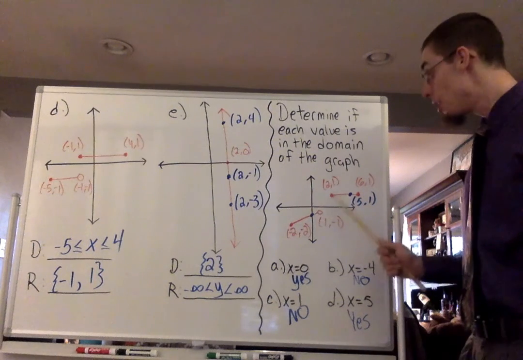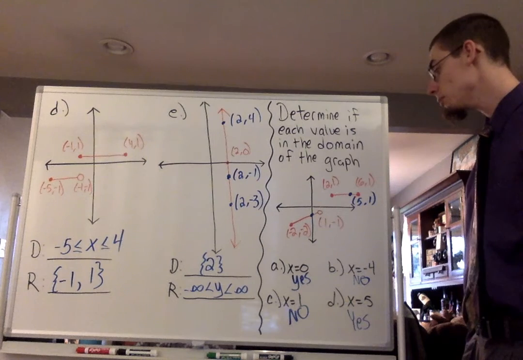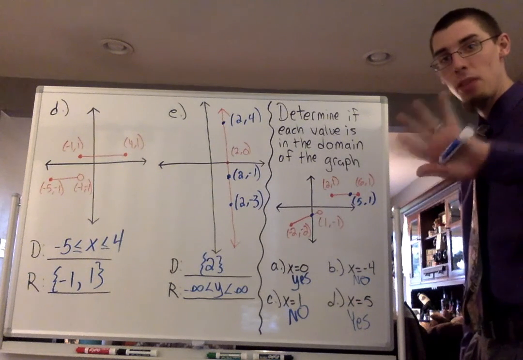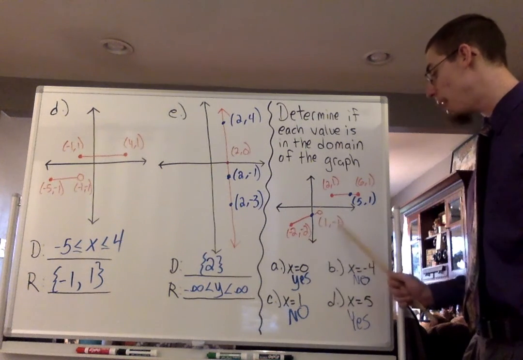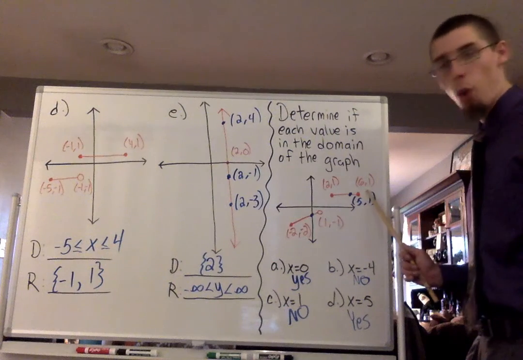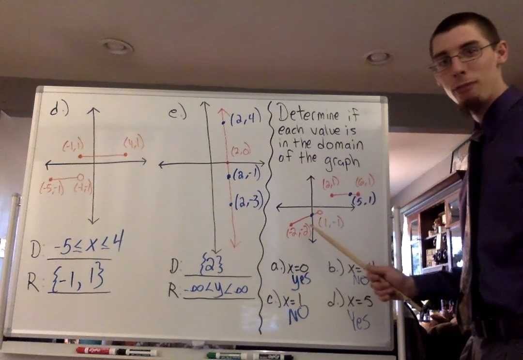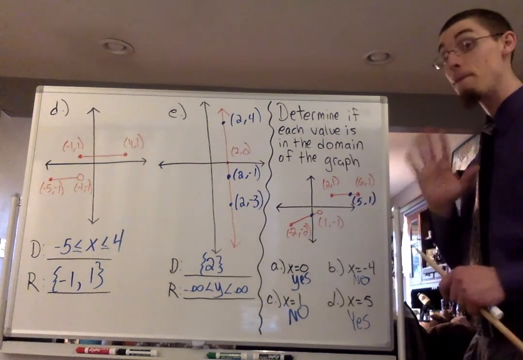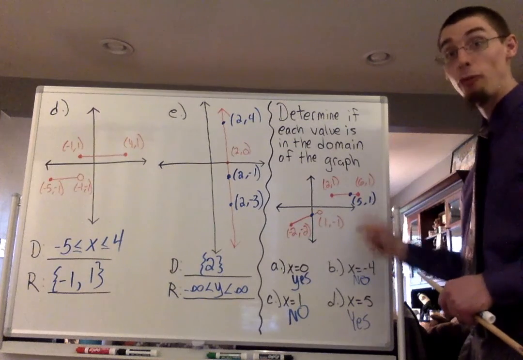So yes, the number 1 would be in the range. Would the number 5 be in the range? Well, these y values are all negative. This y value is a 1. I don't see any points that I could have using a y value of +5. So the number 5 would not be in the range for this graph.